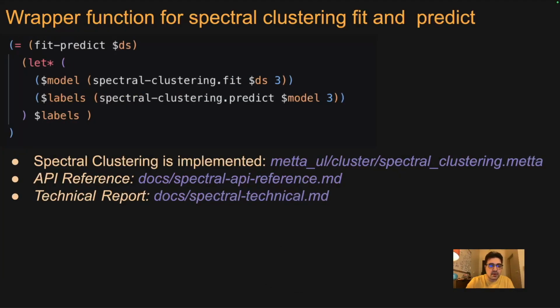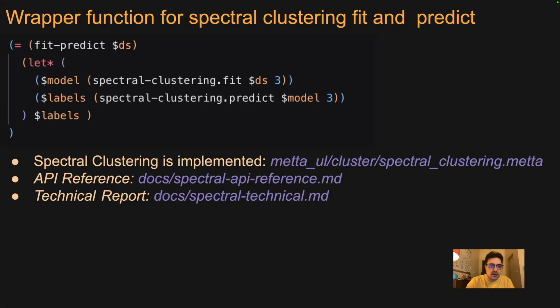At this point, our data is ready to be clustered using the spectral clustering algorithm. There are two main functions to use the algorithm, namely fit and predict. The fit function implements the main algorithm and retains the clustering centers, while the predict function assigns the labels to the input data.